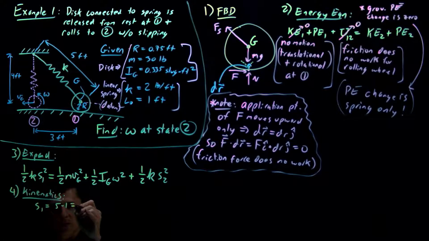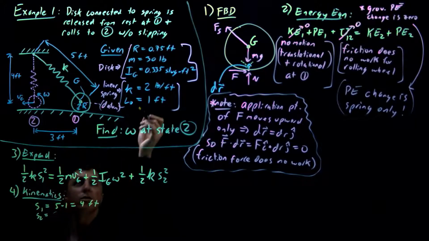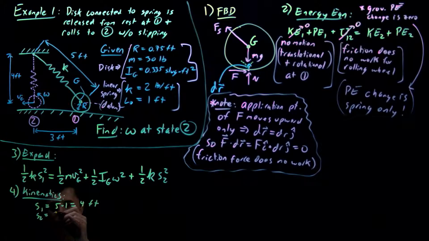This is just 5 minus 1, 4 feet. S2 is then 4 minus 1. We're just subtracting off that total distance from 1, which is our L naught. So 4 minus 1, so 3 feet.